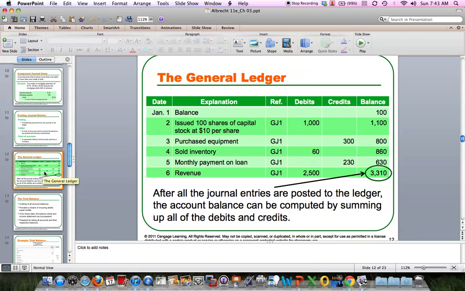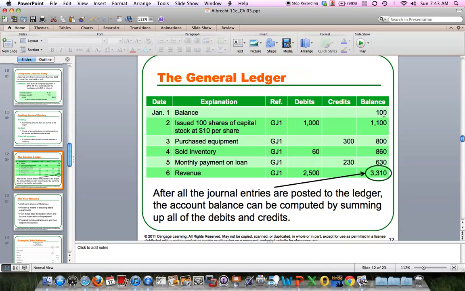So here's a general ledger. This is what they call the 4-column, or I guess this is actually more of a 3-column in this setup. But notice what they're showing us here. This is keeping track of a particular account. I said inventory, I'm sorry, this is cash. On January 1, our beginning balance was $100.